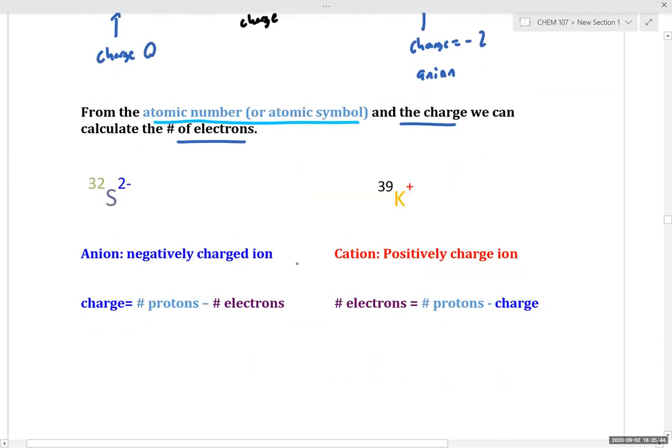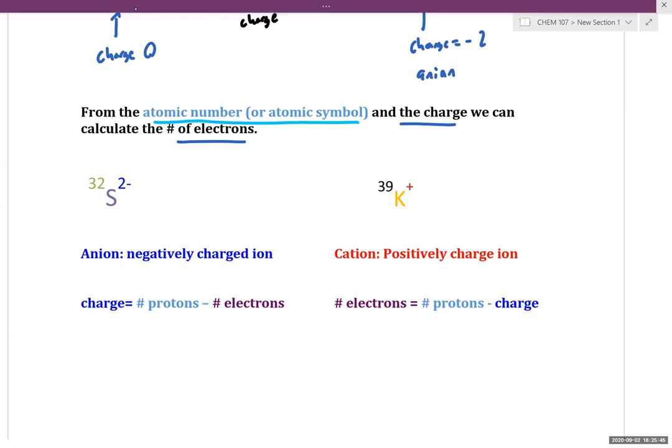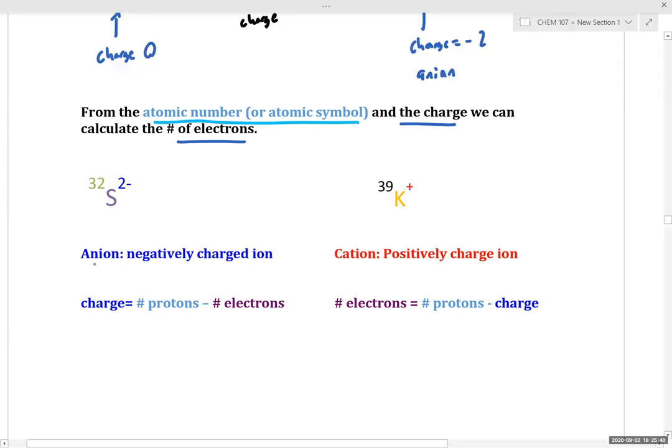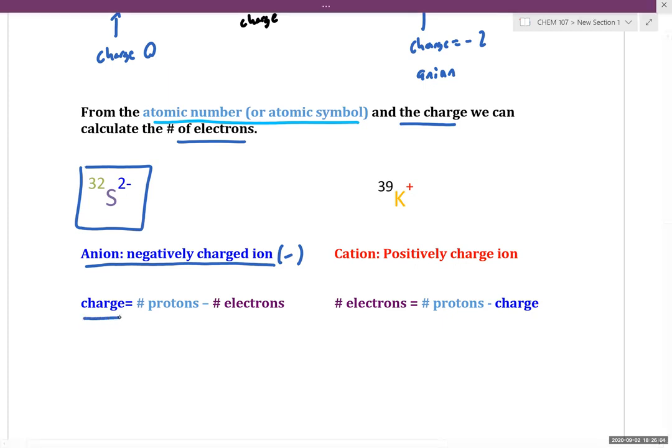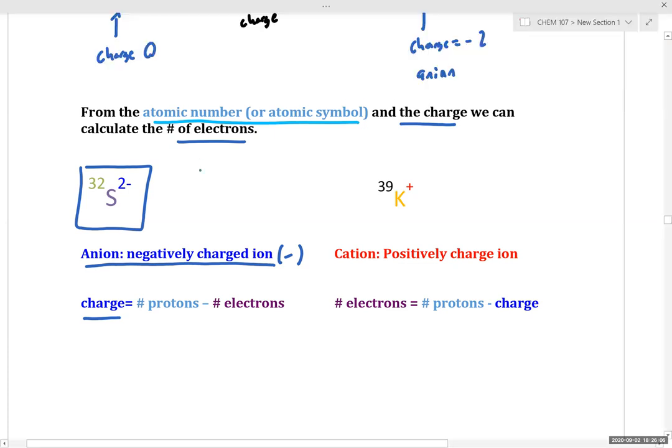So, there are two different types of species for ions. An anion, which is a negatively charged ion. I like to write a minus just to remind myself of that. So looking at, for example, sulfur 32 2-, we know the charge is equal to the number of protons minus the number of electrons. So we need to go to the periodic table now. And what is the atomic number for sulfur?